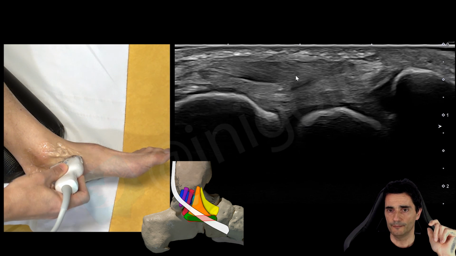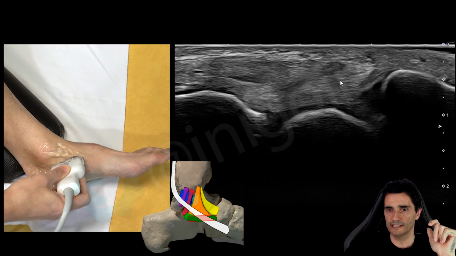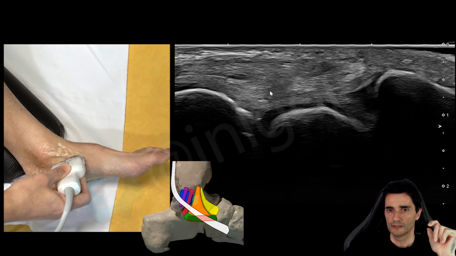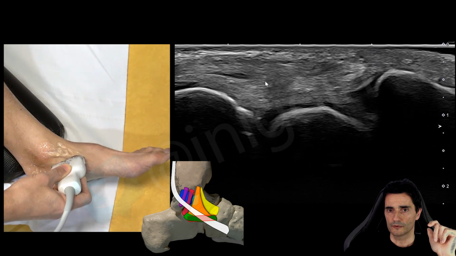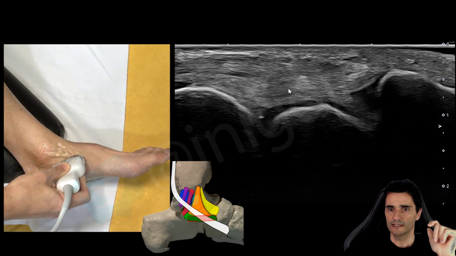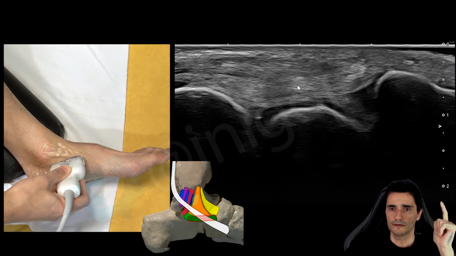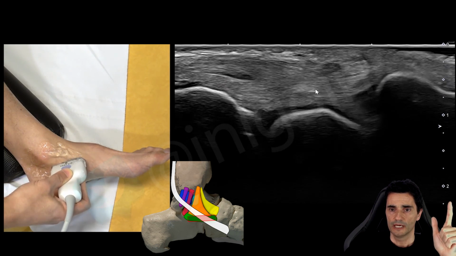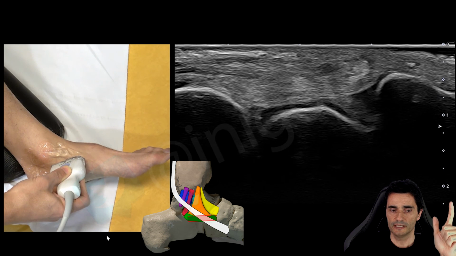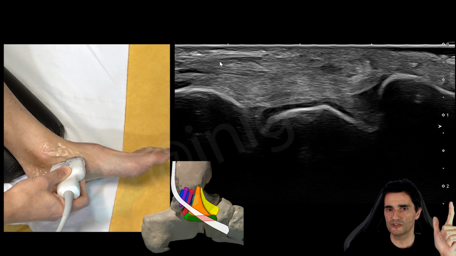And you can see below the posterior tibialis the spring ligament, more concretely, its superior medial component here. And you can see how it has a close relationship with the posterior tibialis tendon, and the joint between this component and the head of the talus.